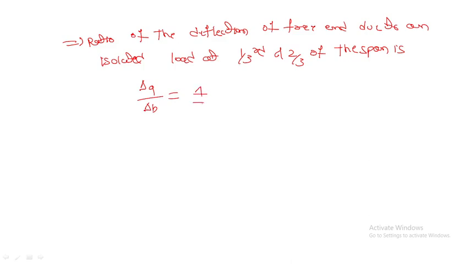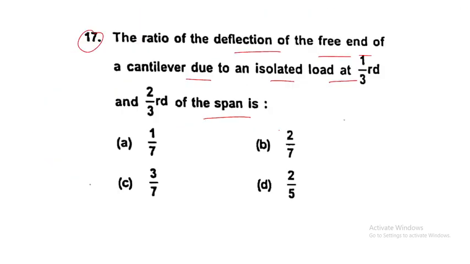So 4 by 81 into 81 by 14, that is equal to 2 by 7. 2 by 7 is the answer for this question.